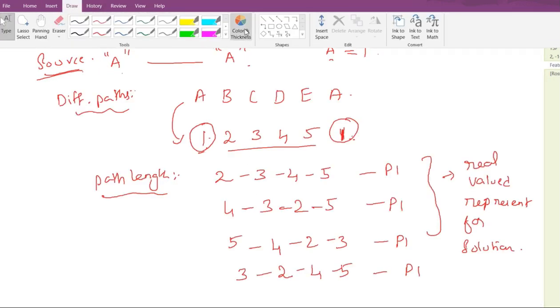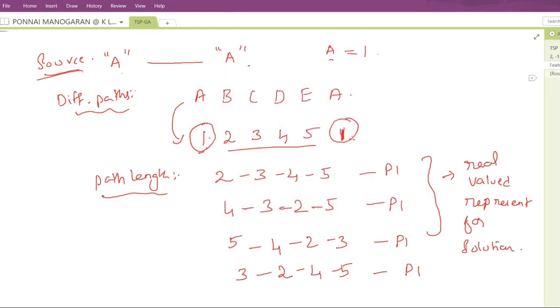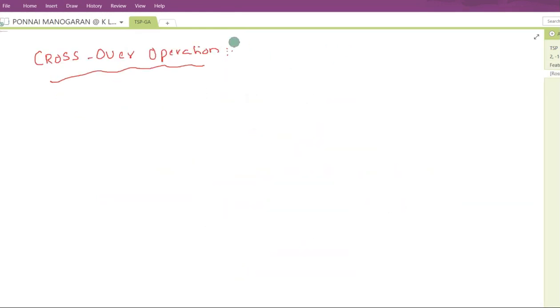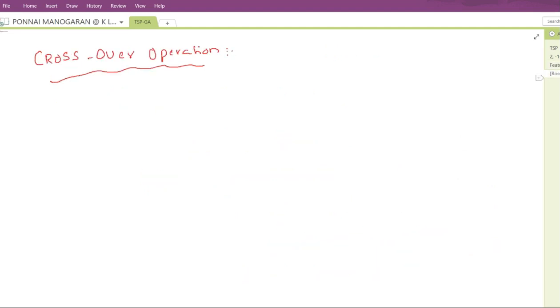Our next task is the crossover operation. We have already seen the features are represented in the form of real valued numbers, 2, 3, 4, 5 and 4, 3, 2, 5 like this. Let us see how the crossover operation is performed, one by one.